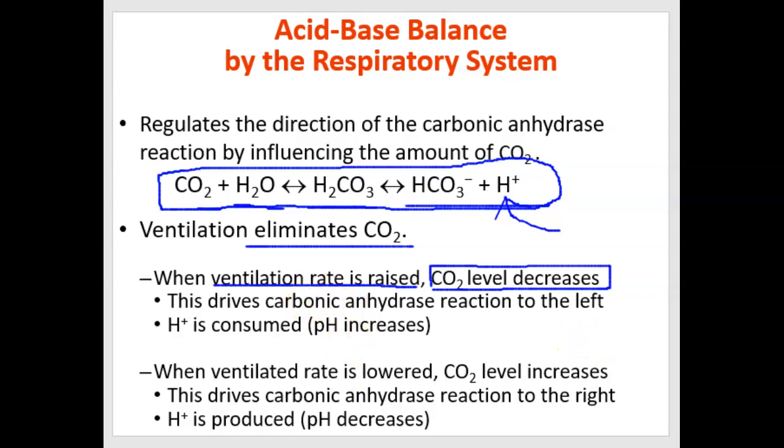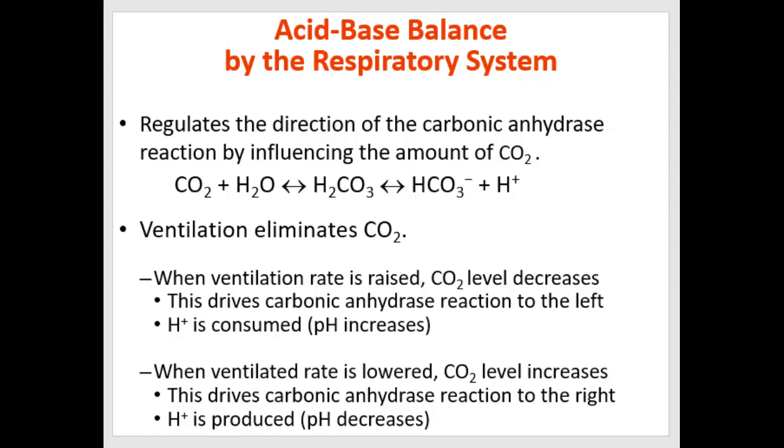So when CO2 levels decrease, due to the law of mass action, you have less of this product, CO2. The reaction will be driven towards the left. That means that hydrogen ions will be consumed. And if hydrogen ions are consumed, the pH rises. You get a rise in pH.